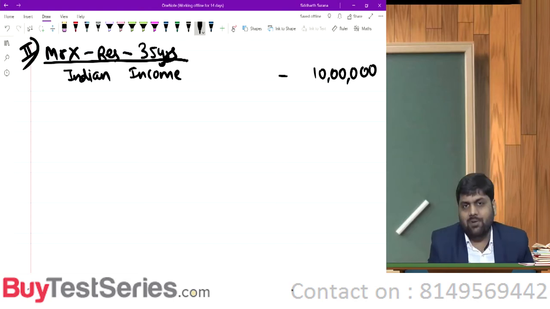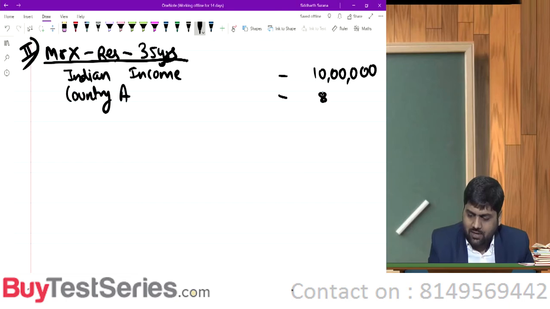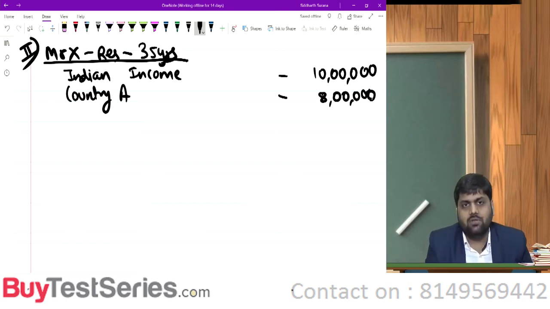In my first example it was 8 lakh. Now I am changing it to 10 lakh. I am not asking for your permission. And then once again he has income in country A, that is rupees 8 lakh. So I think till now the example appears completely similar to our previous example, only that 8 lakh and 5 lakh have become 10 lakh and 8 lakh respectively. Otherwise things are the same.